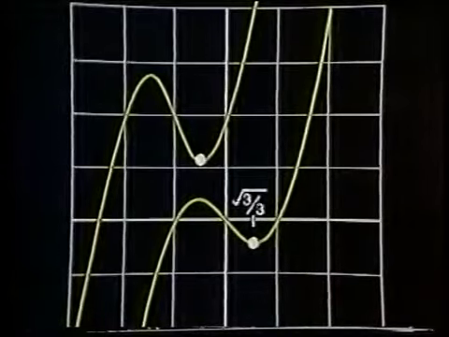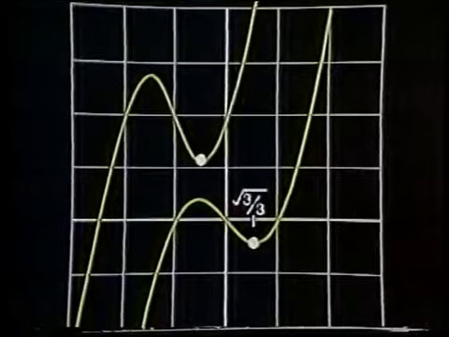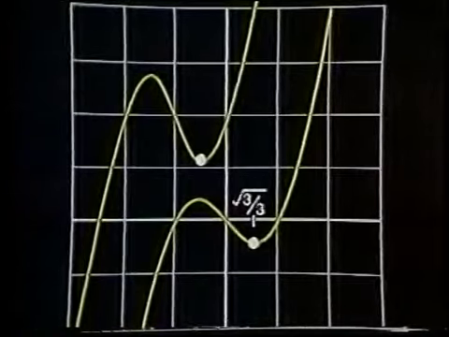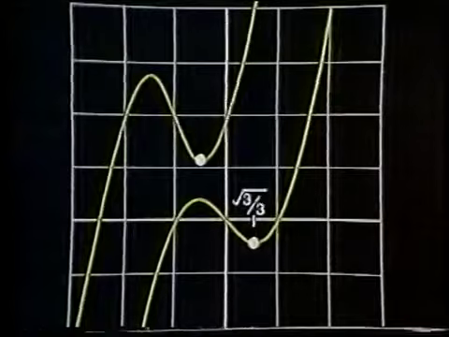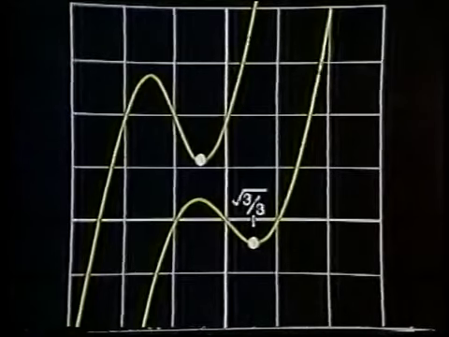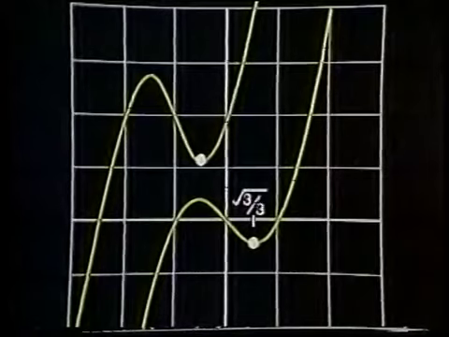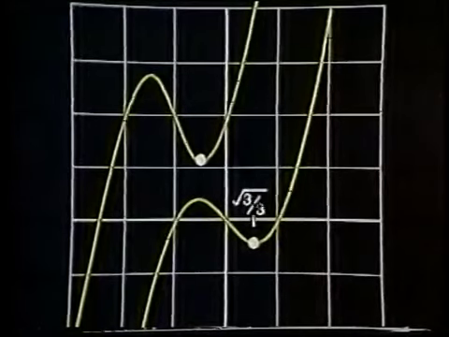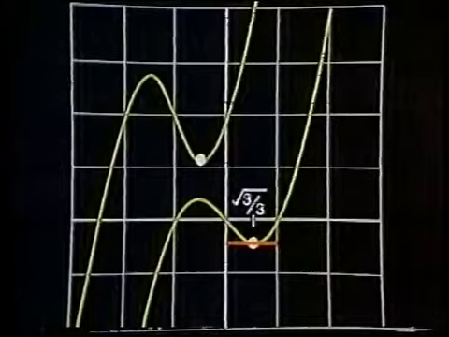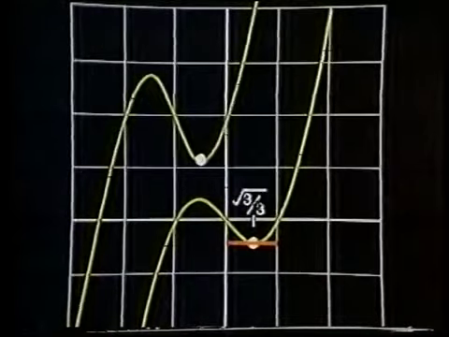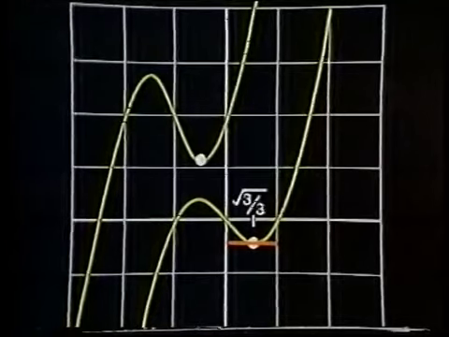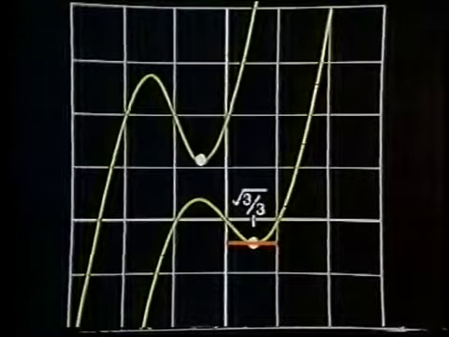After the program, we'd like you to work out the coordinates of the point at the bottom of the trough and find the point it transforms to. Now, how do I know that this trough occurs at root 3 on 3? Well, that's something you'll find out in Unit 4 of this block. And the way you'll find this trough involves tangents. You see, the trough occurs where we have a horizontal tangent.